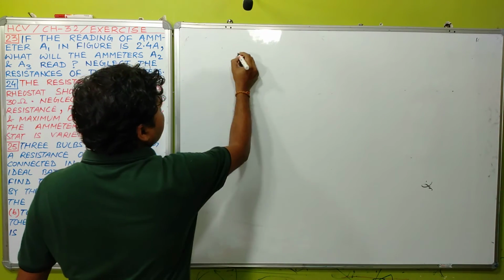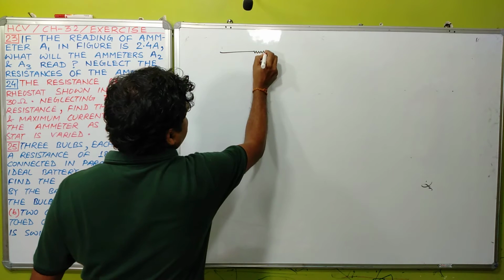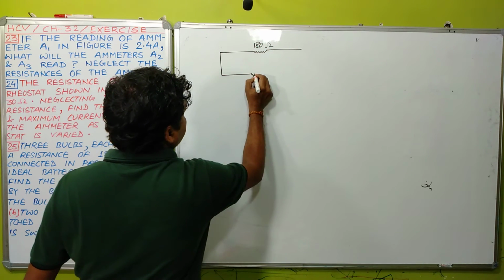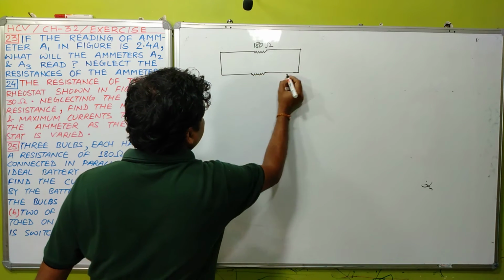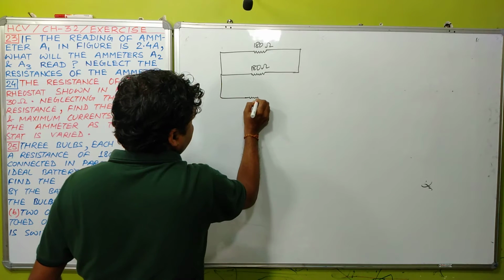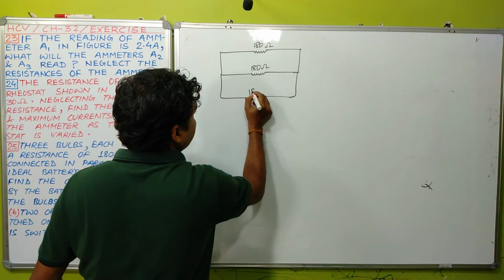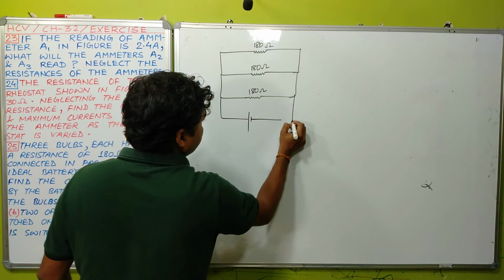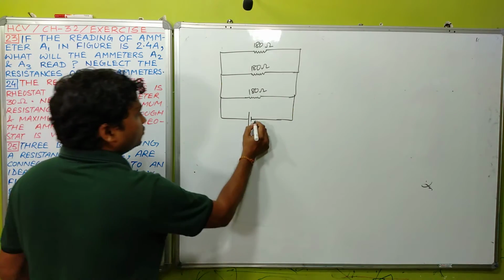Okay, we have 3 bulbs each having a resistance of 180 ohm, and they are connected in parallel. Okay, the situation is like this, and in turn, this combination is connected across a battery having EMF 60 volt.